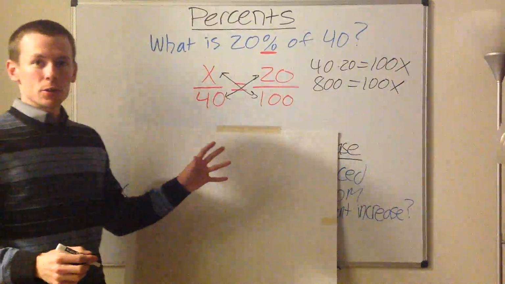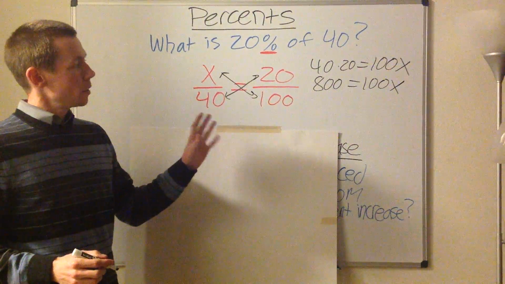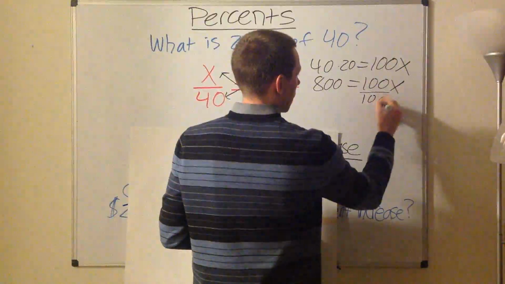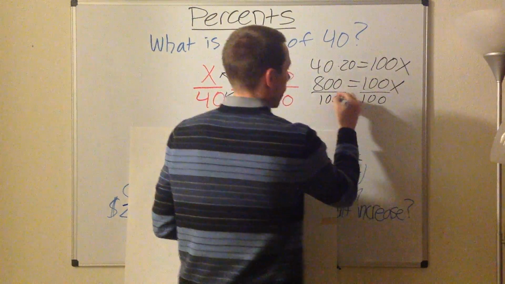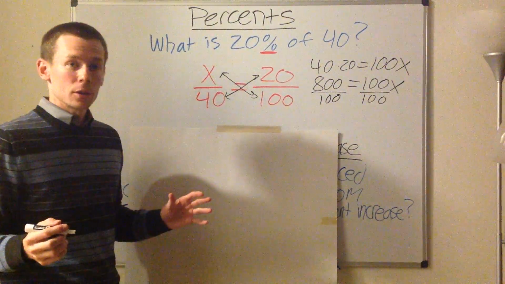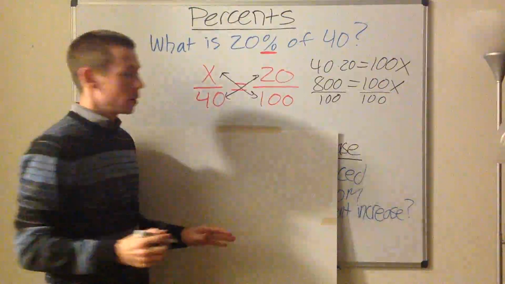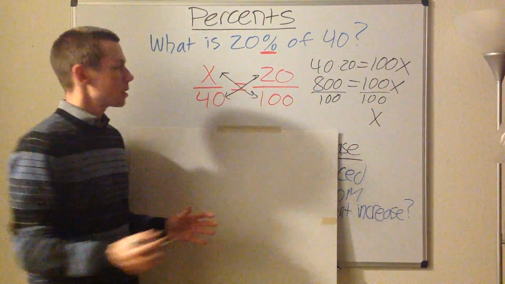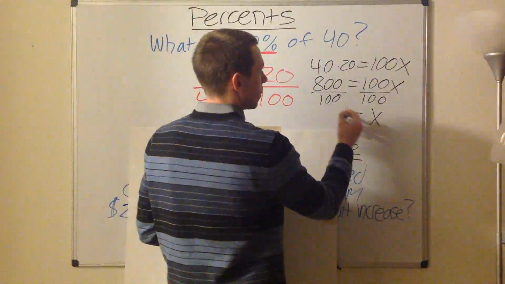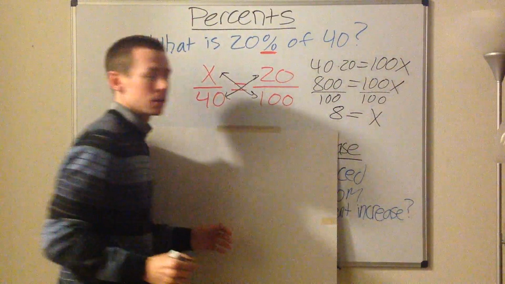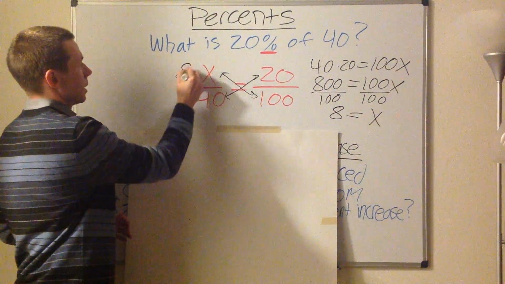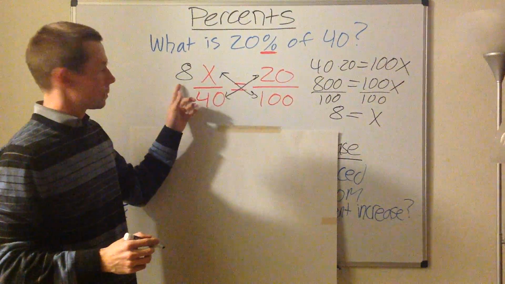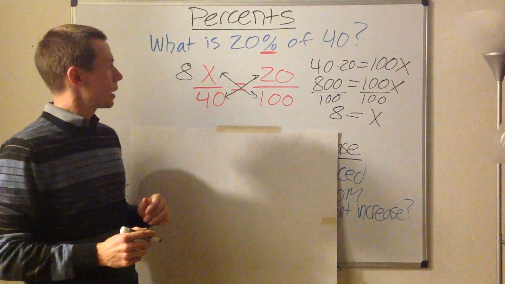And finally, to solve for x, we have to undo that multiplication through the use of division. So 100 divided by 100 is just 1x, or just x, and 800 divided by 100 is 8. So the answer is 8. What is 20% of 40? Came out to 8. Okay?